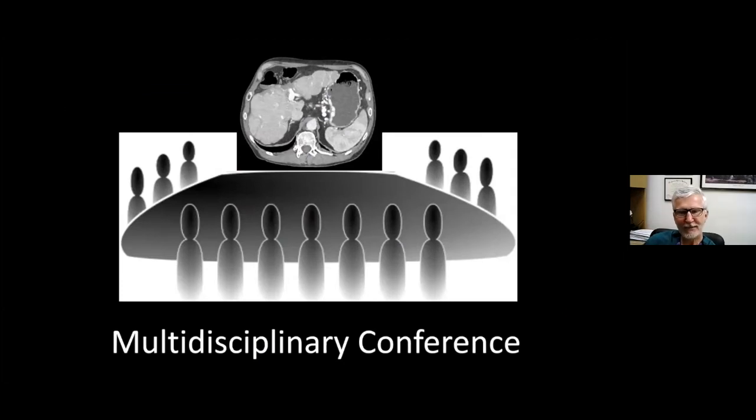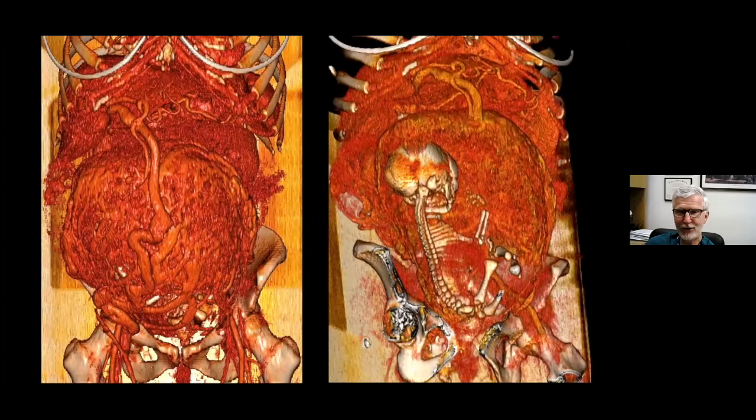Now, when you go to the multidisciplinary conference and discuss patients with portal hypertension, most often your other colleagues are people who deal with liver patients every day, whether they're hepatologists or liver surgeons. But now and then, your colleagues that show up might be from OBGYN, okay?